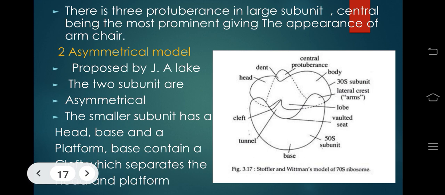The next one is the asymmetrical model proposed by J. Lake. The 2 subunits are asymmetrical. The smaller subunit has a head, base, and a platform. The base contains a cleft which separates the head and platform.